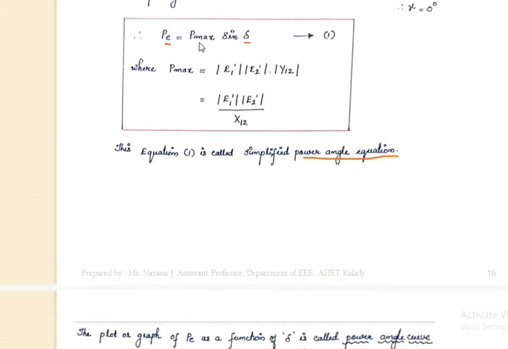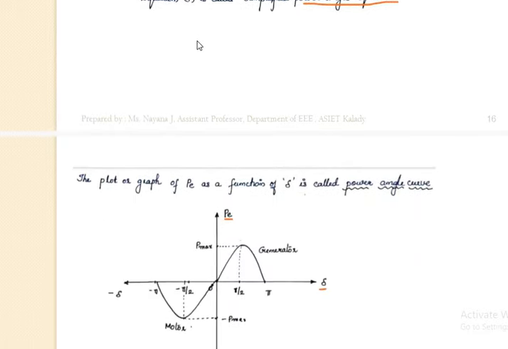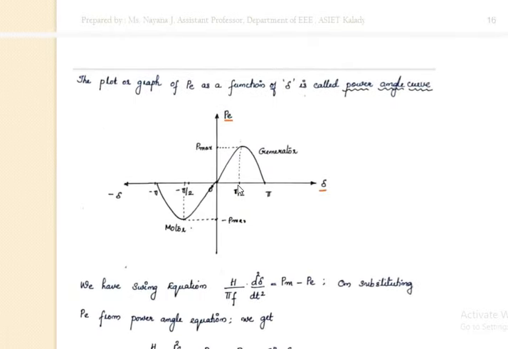When delta is equal to 0, PE is equal to 0. PE will be maximum when delta is equal to 90 degree. When delta is equal to 180 degree, again your electrical power will be equal to 0. So that is this curve. And at pi by 2, you will get the maximum power that you have represented as P max, which is equal to E1 E2 divided by X.